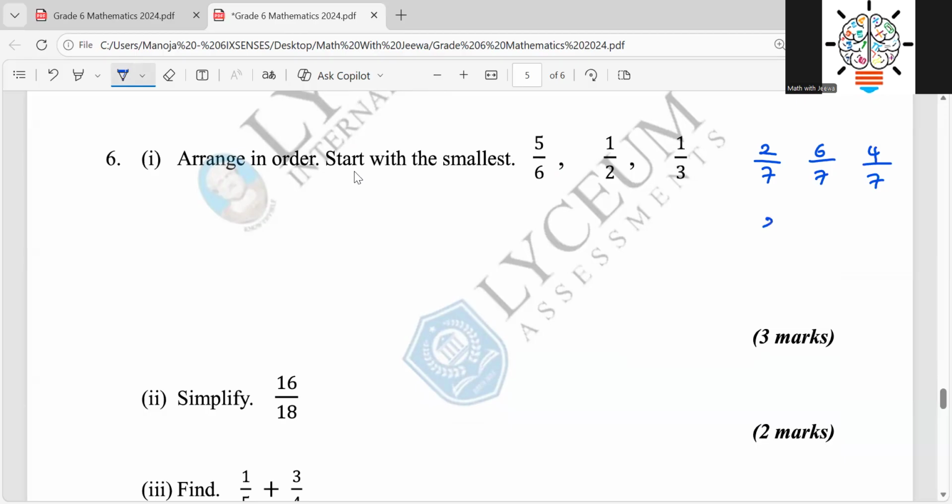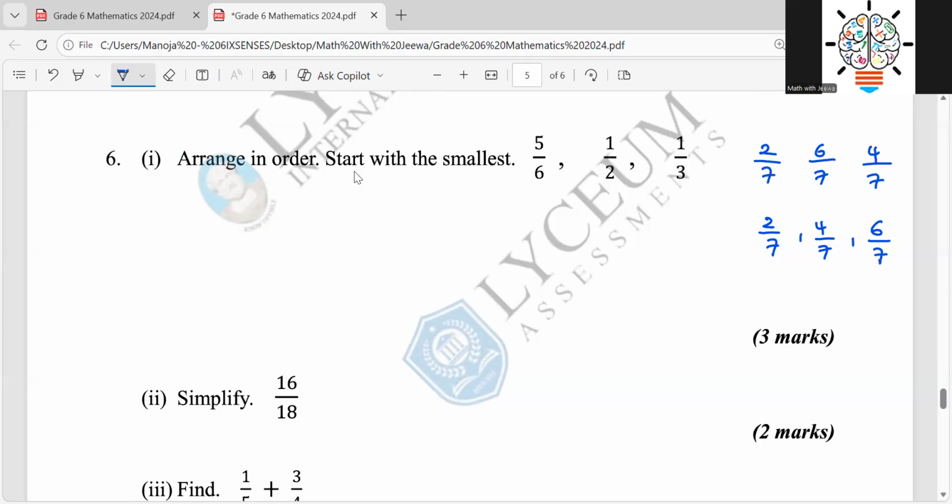You can easily write 2/7 and 4/7 and 6/7. How? All the fractions have the same denominator. So you don't need to worry. You just look at the numerator value and write them in ascending order, starting from the smallest. If you start from the smallest, we call it ascending order.